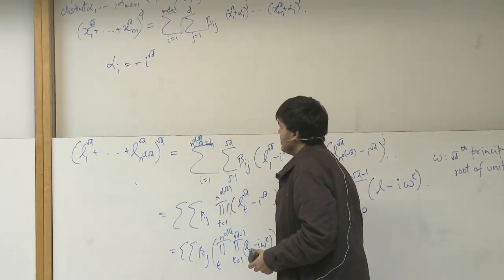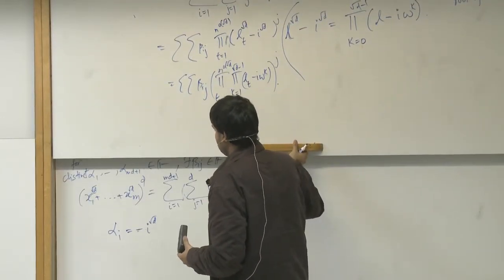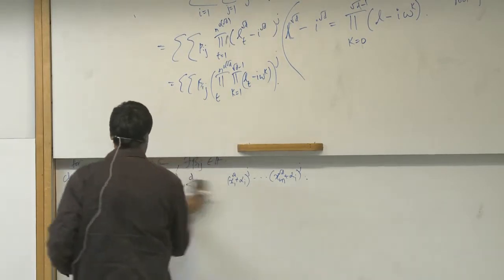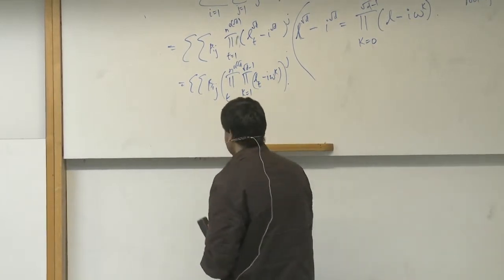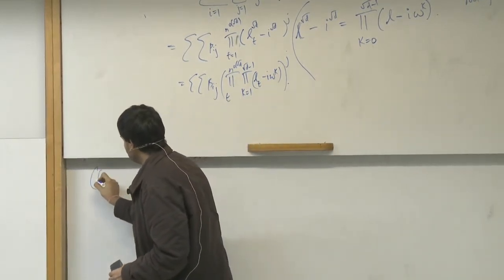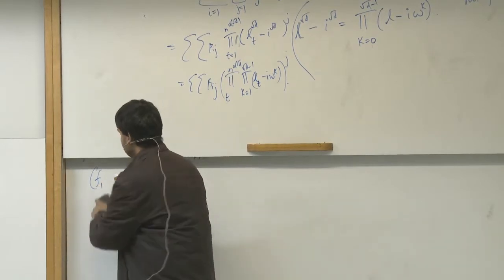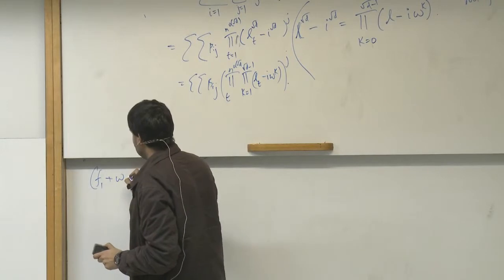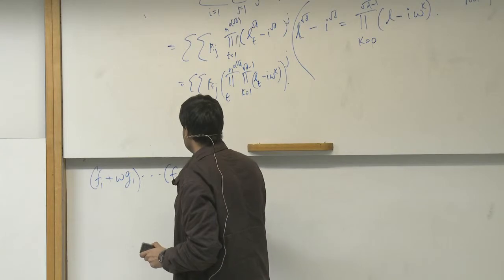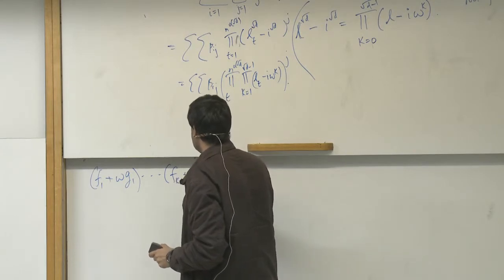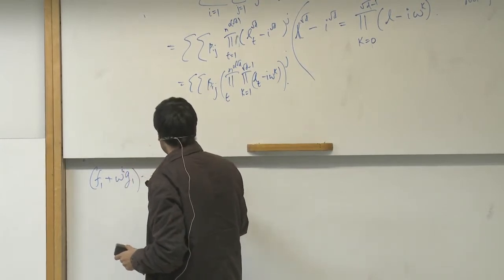Okay. So suppose I give you a product (f1 plus omega g1) times up to (fk plus omega to some power, say i_k, times gk).